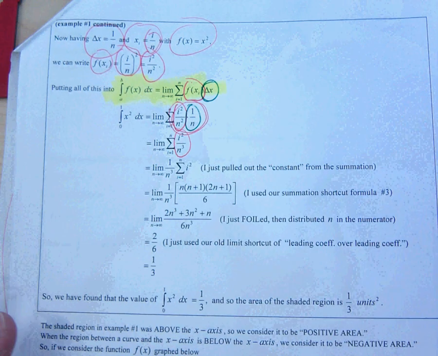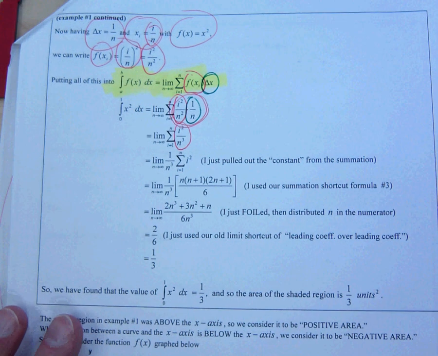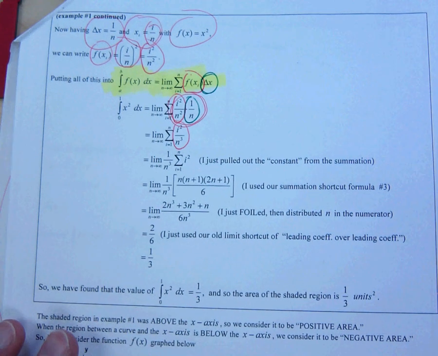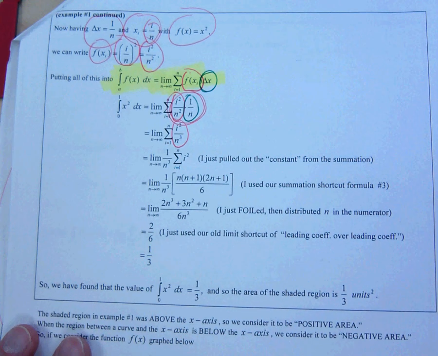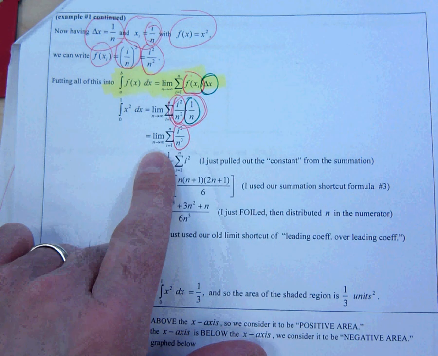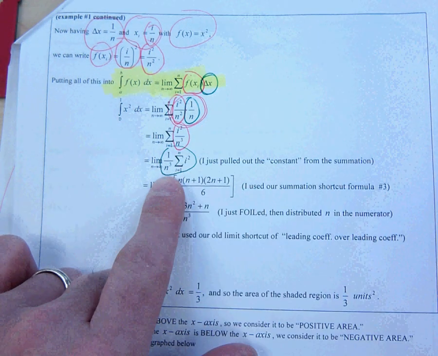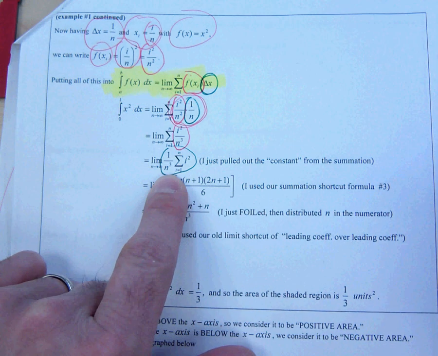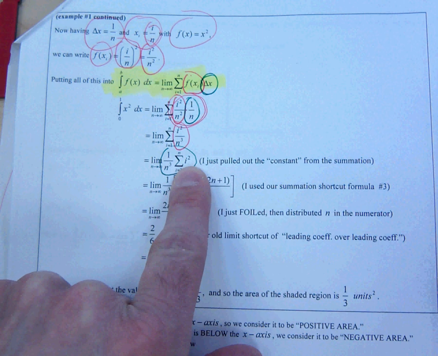Now remember, n is a constant, isn't it? I don't know what it is, but it's a constant. And you learned last time, or maybe you learned last time, that with a summation you can pull out constants. So can I pull out the n cubed if I want? Sure. So I just pulled it outside the summation. See that? I just pulled out the n cubed as 1 over n cubed, right? And that left me with what inside the summation? Just i squared.